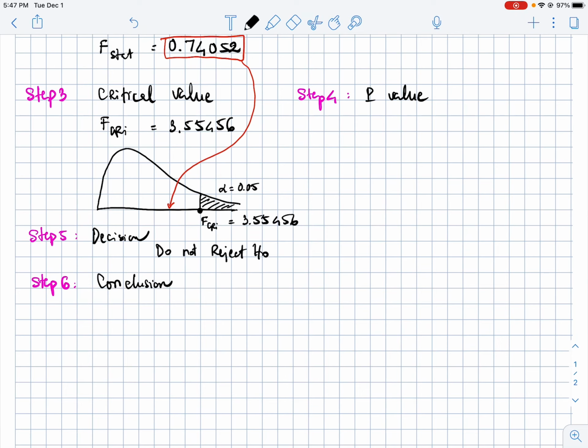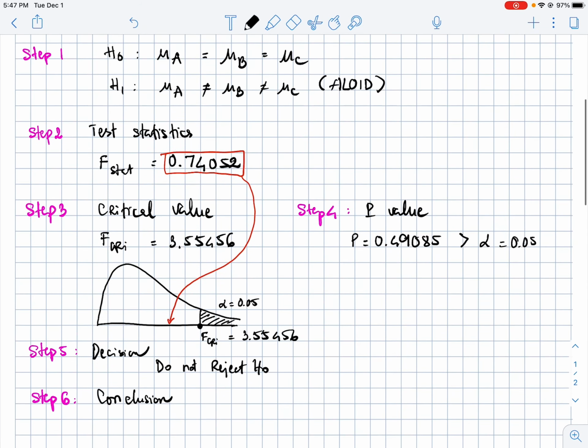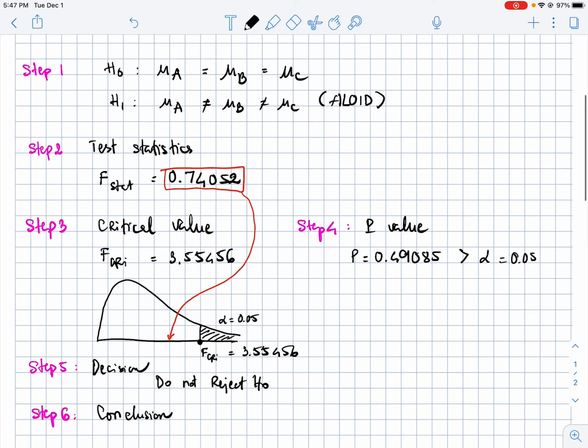Moreover, if you look at the Excel work later, you will get the p-value for this case, which is 0.49058, and it is bigger than alpha, which is 0.05. Then the decision that we need to make is do not reject the null. So we go back to the conclusion.